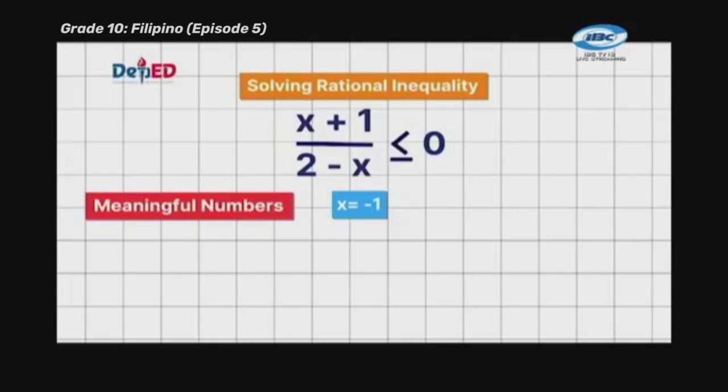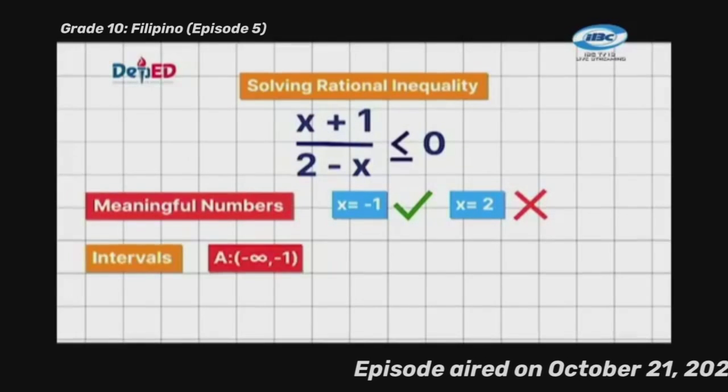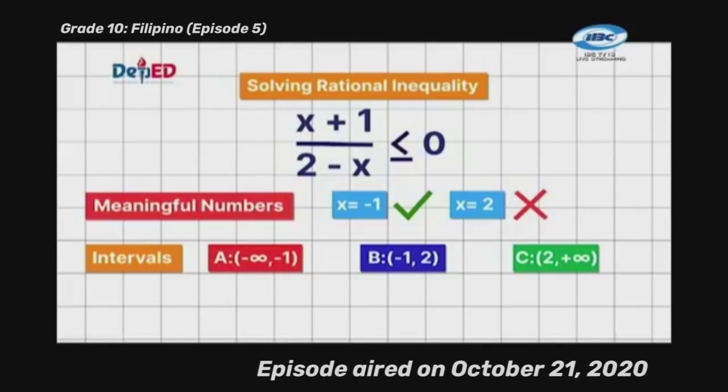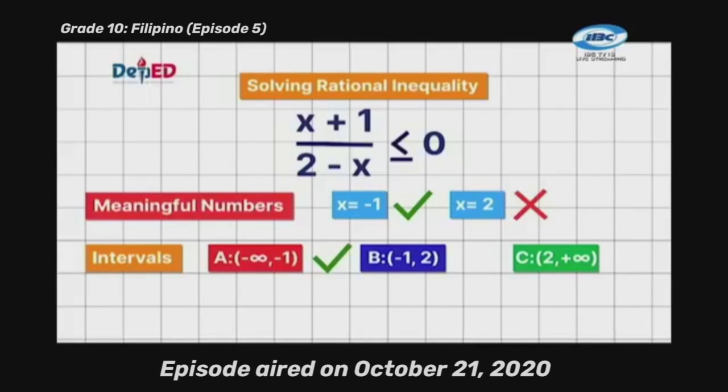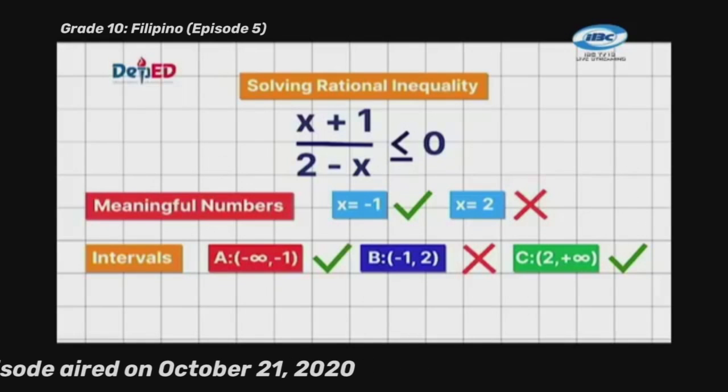And 2 minus 3 is negative 1. 4 divided by negative 1 is negative 4. Since negative 4 is less than 0, then C is a set of solutions for the inequality.